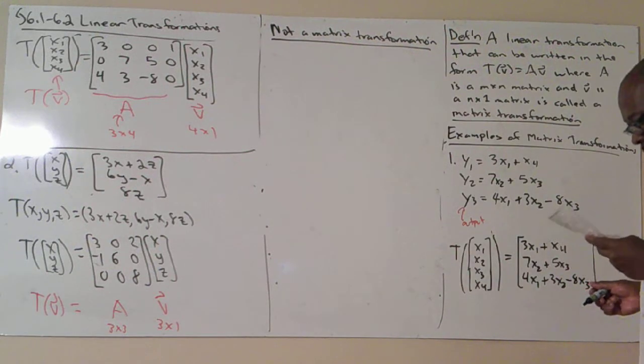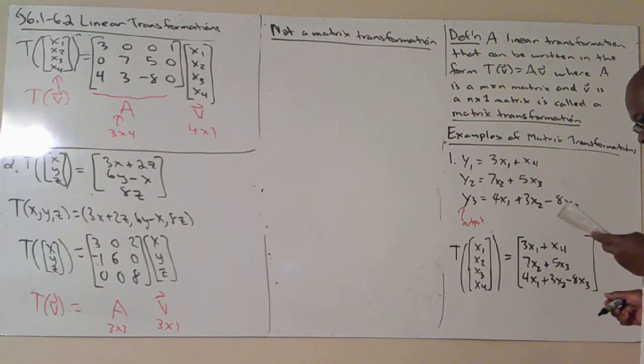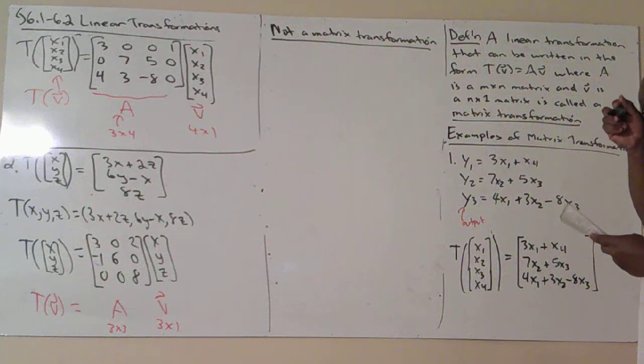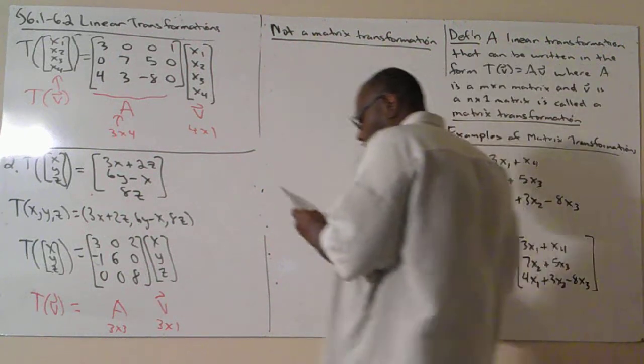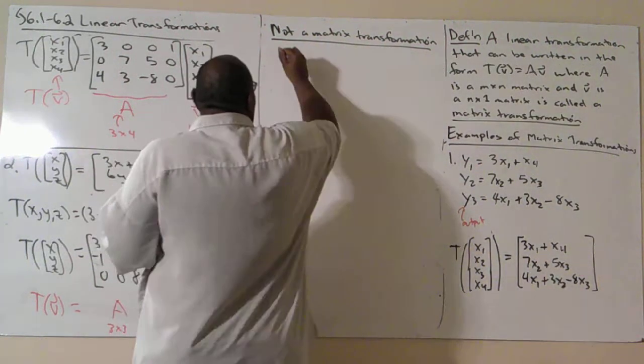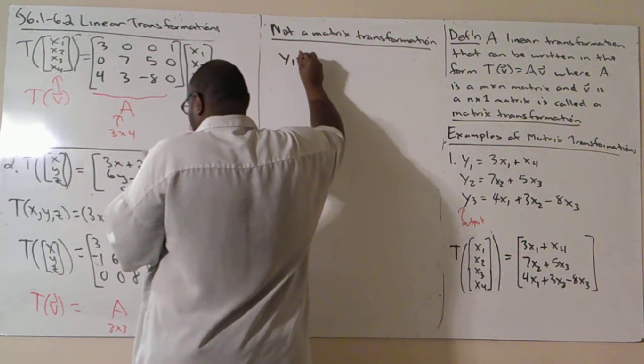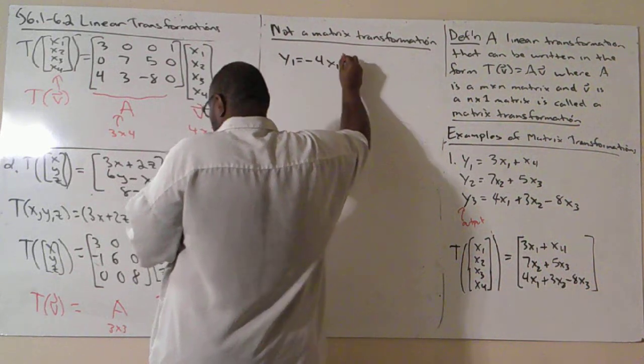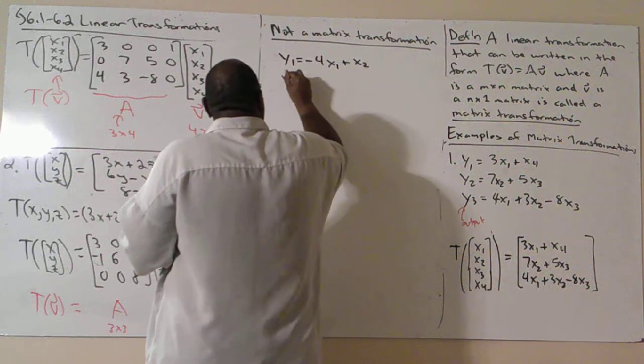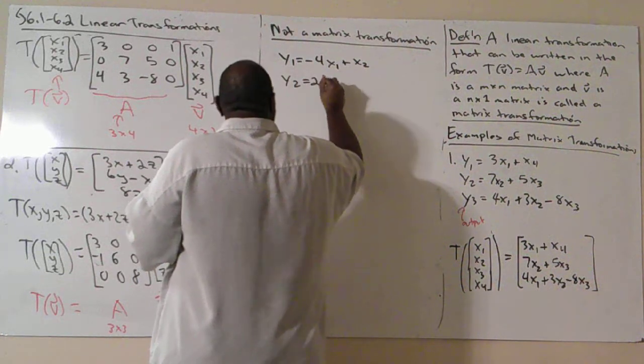Not a matrix transformation. And here it is. I have y1 equal to negative 4x1 plus x2. y2 is equal to 2x1 plus 7.